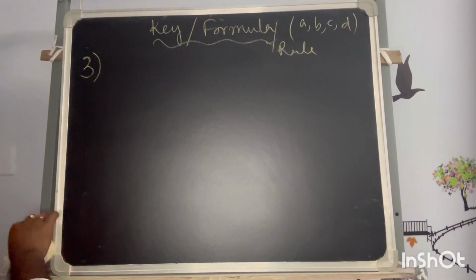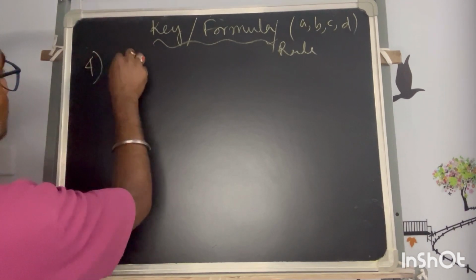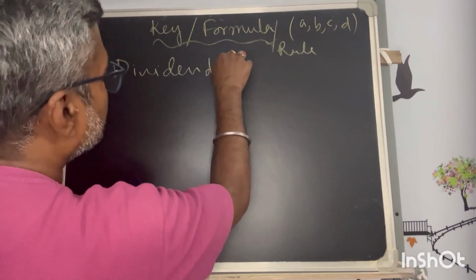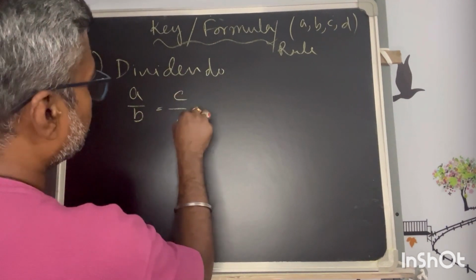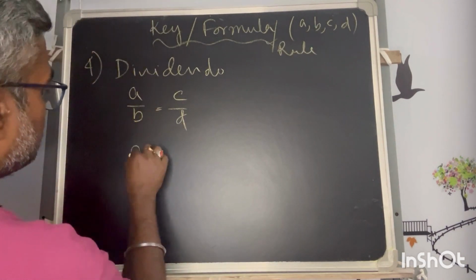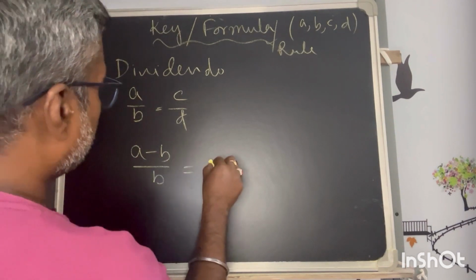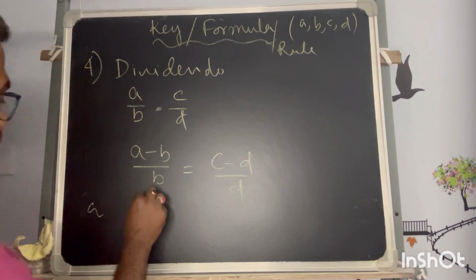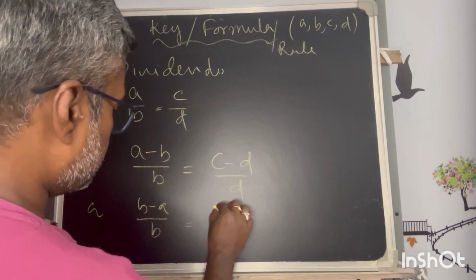is called dividendo. In this, if a by b is equal to c by d, then we can say that a minus b by b has to be equal to c minus d by d, or b minus a by b can also be correct as d minus c by d.